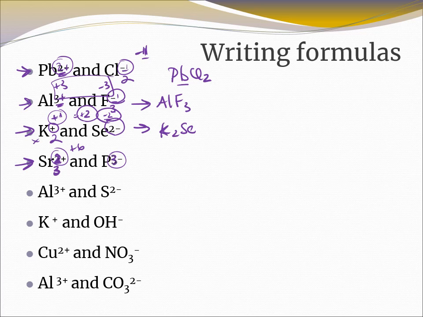On the phosphorus, 3 times what gives us 6? It's 2, so 2 times -3 gives us -6. +6 and -6 balance each other out. And so our final formula is Sr3P2, 3 strontiums and 2 phosphides.